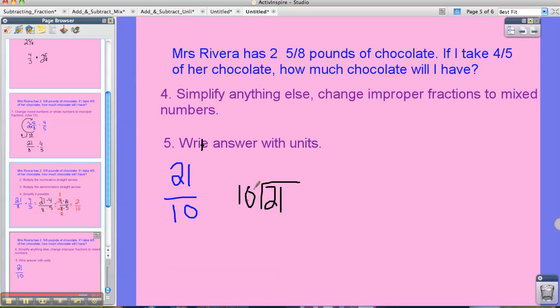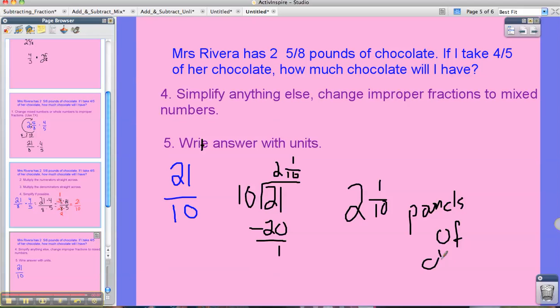We know how to do this because we've done it several times. 10 fits into 21 2 times. And 1/10. We can't simplify that anymore, so our final answer is 2 1/10 pounds of chocolate.